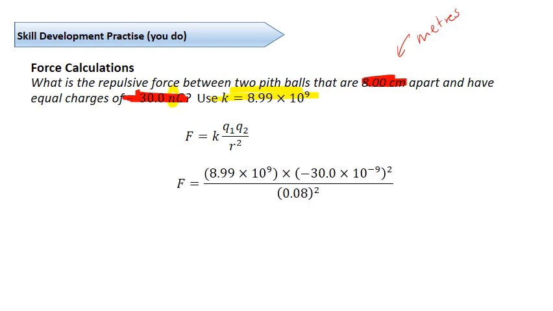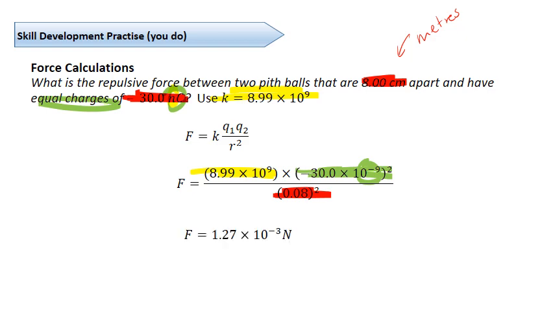Okay, substituting in our known values, we know that K is 8.99 times 10 to the 9. I've done a unit conversion here. 8 centimeters is indeed 0.08 meters. And then it's equal charges, so I've just decided to square the charge. This is negative 30 times 10 to the negative 9. The negative 9 comes from my nano.